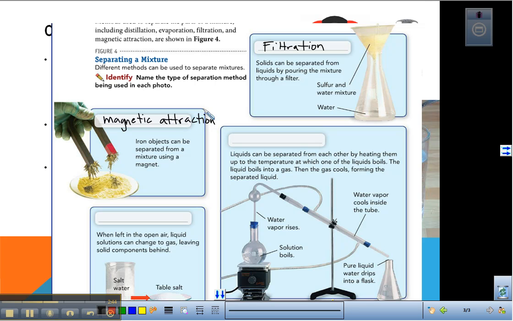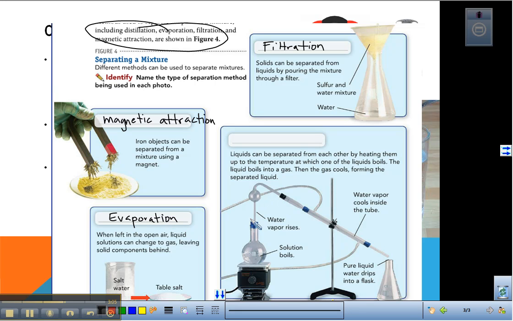You can see each of these up here. Excuse me, next one here. When left in the open air, liquid solutions can change to gas. So this is, if you remember, we had our salt water, even sugar water, and that is going to be evaporation.